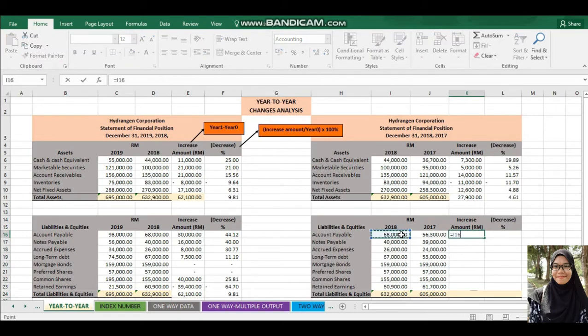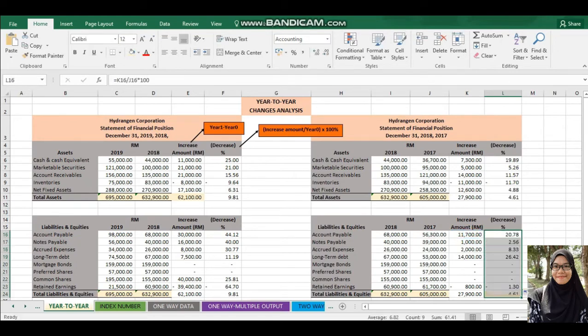The formula will be applied the same as this part. And this is the answer for the year-to-year changes analysis.